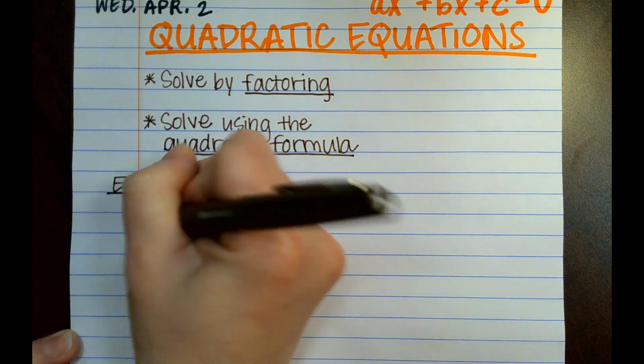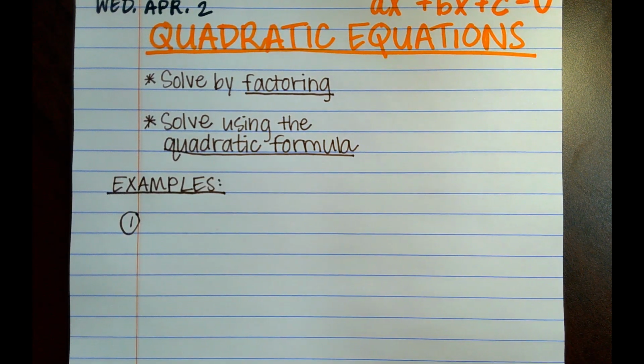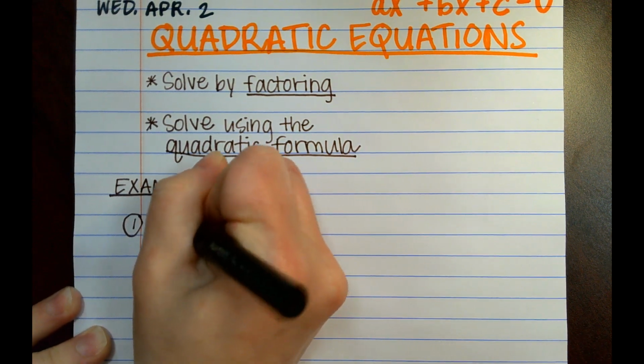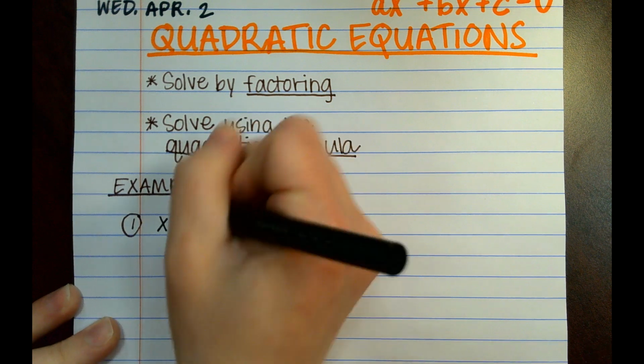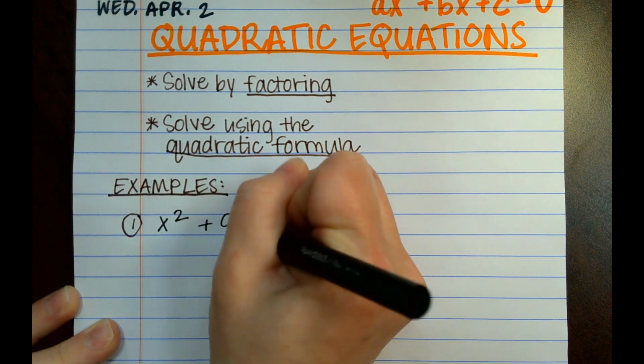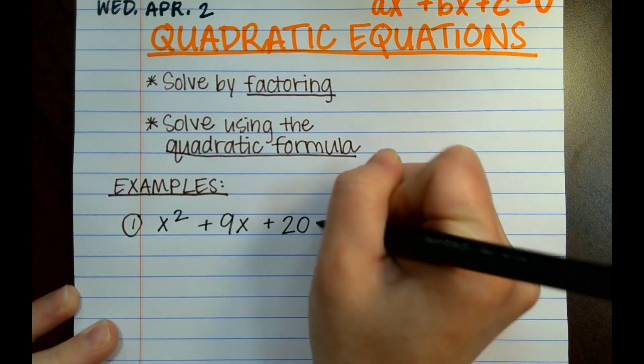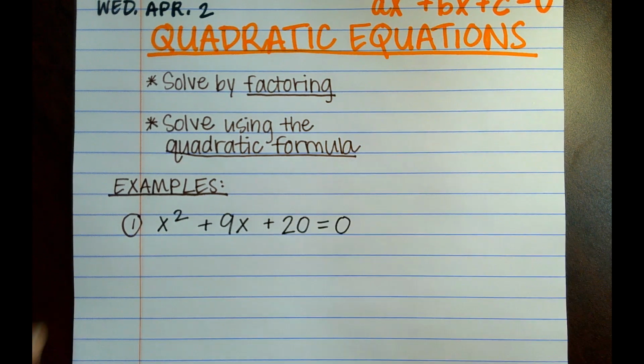Let's say we have a quadratic equation that is x squared plus 9x plus 20 equals 0.